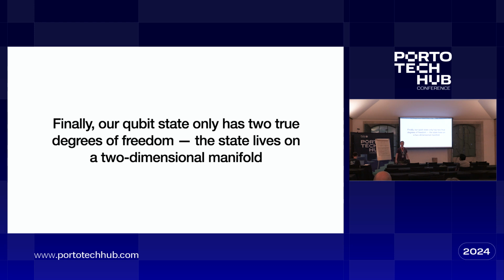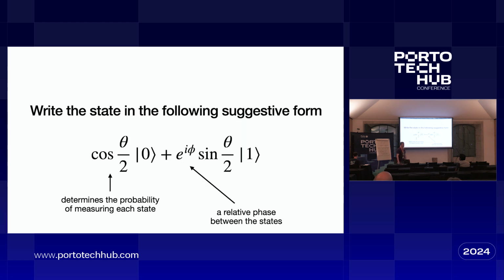Now, we want to know what's the geometry of that manifold. We have 2 degrees of freedom, we can move that way. What is its geometry? Well, we can do a very common trick that physicists use: when they have some numbers which are constrained by some constraint, they write it as an angle. So here the constraint is this, right?